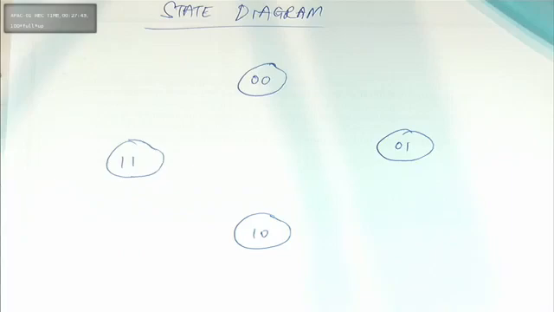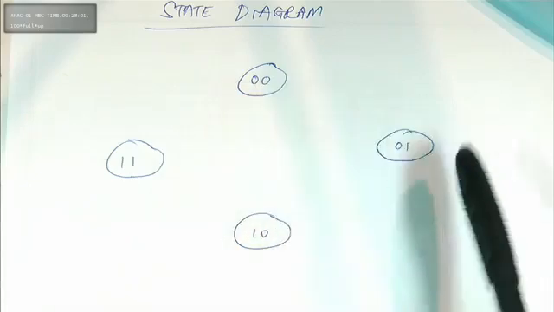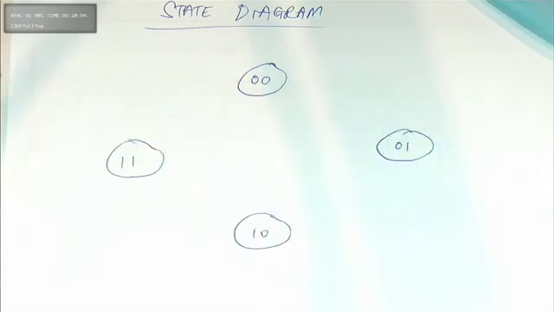Okay. So, do you see how I got those 4 states? Because there's 2 flip-flops. Each flip-flop stores 1 bit.